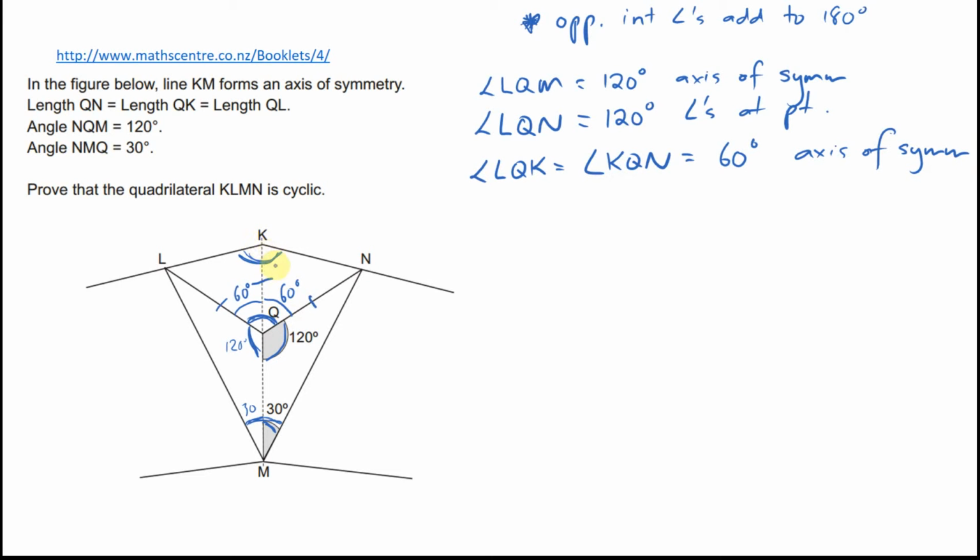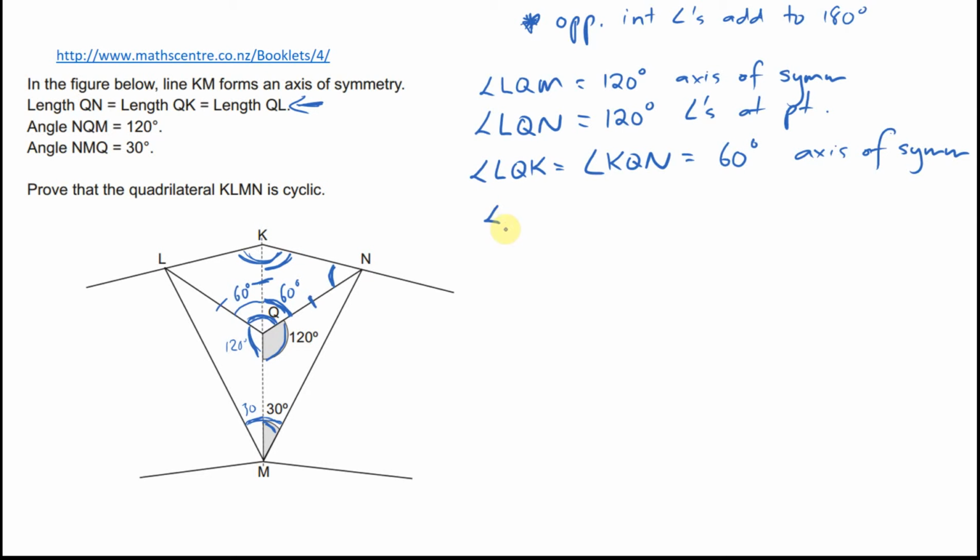If we look at this triangle here, triangle KQN, that triangle is isosceles. We're given that information here, which means if this angle is 60, then this angle here plus this angle here must be 180 minus 60. So it turns out that because this is an isosceles triangle, those two angles must be 60 as well.